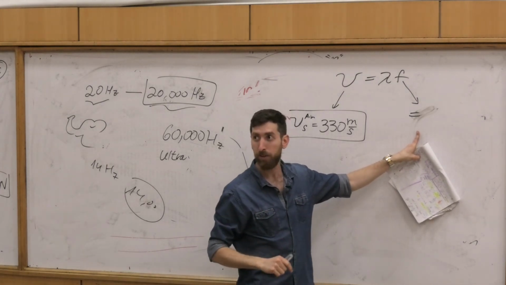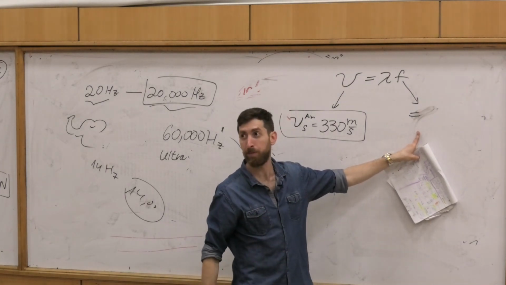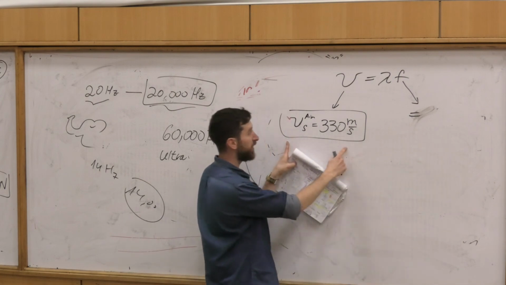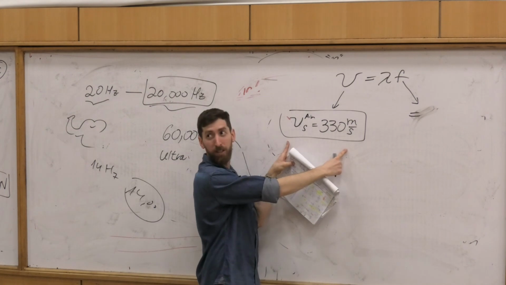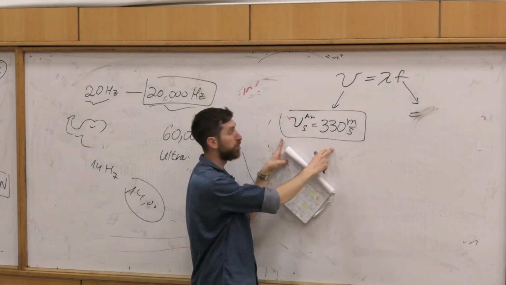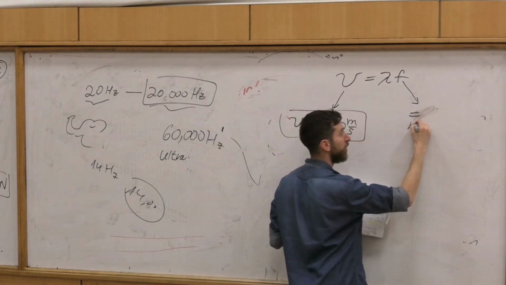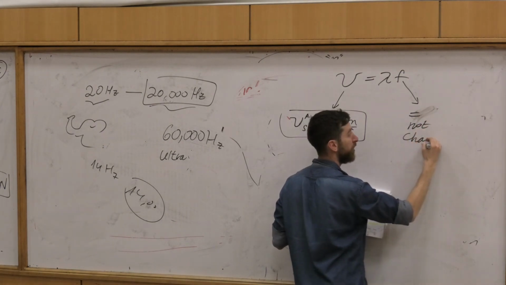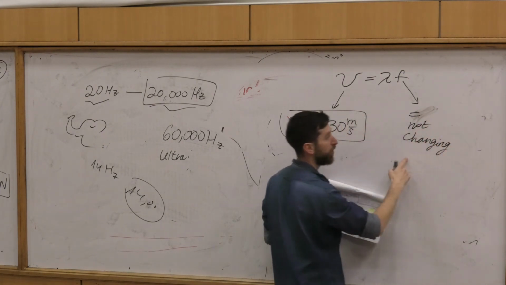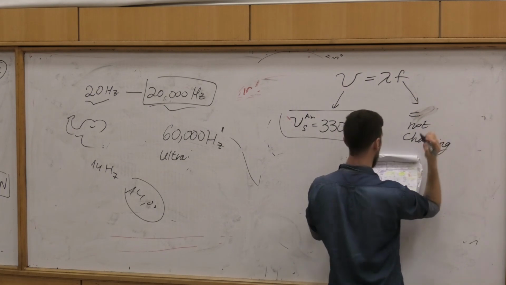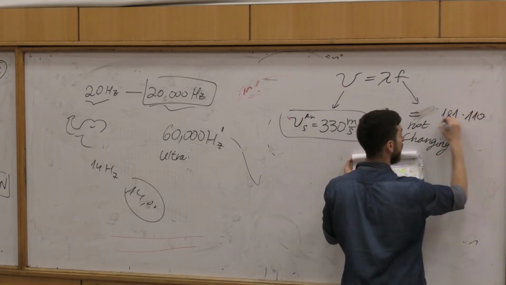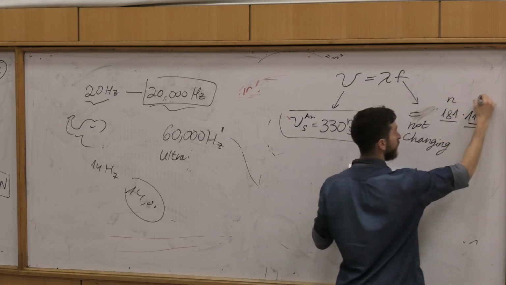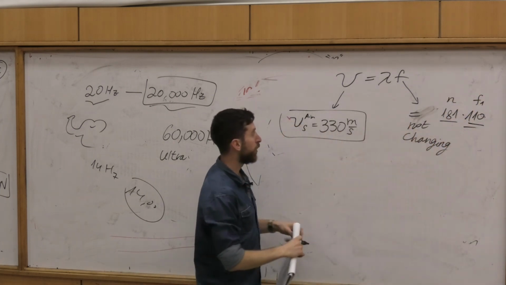It doesn't depend on the medium. It's a given, a physical property, the chemical bond, how much it lets the propagation move. This is not changing, which means it's equal to what we found before, 1 to 1 multiplied by the fundamental. This was n, this was the fundamental. So who is going to change?